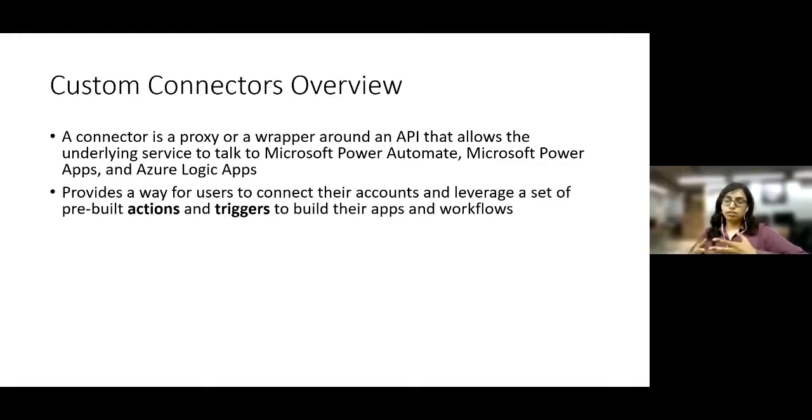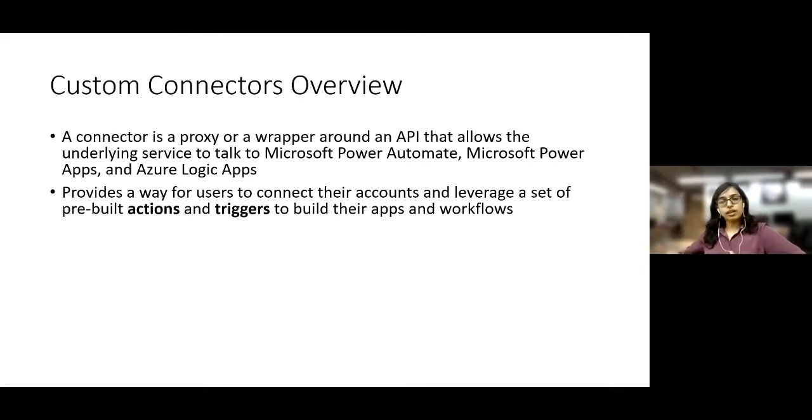It allows users to connect to their products and services. For example, if I want to connect to SharePoint, Outlook, or Salesforce, that's what a connector helps the user connect with, right?